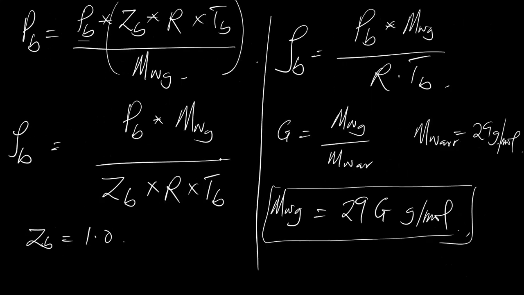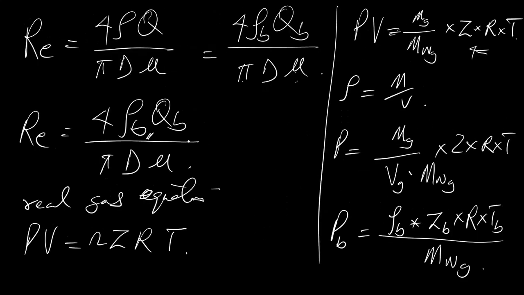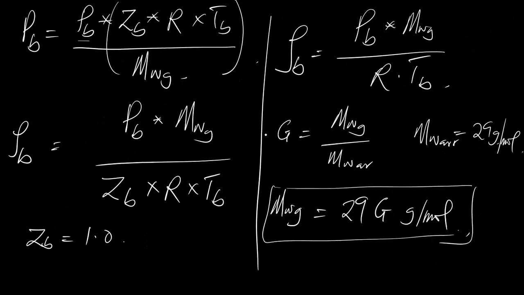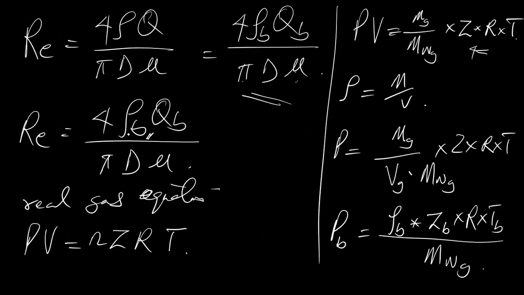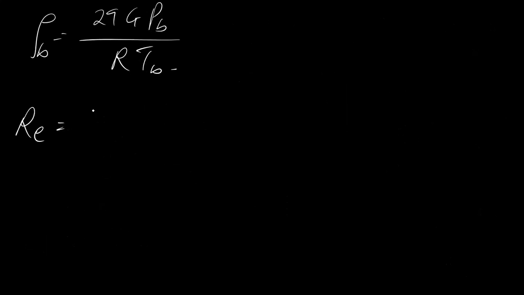Now substituting this density into this equation, where you have Reynolds number equal to 4 times density times the flow rate divided by pi d mu.